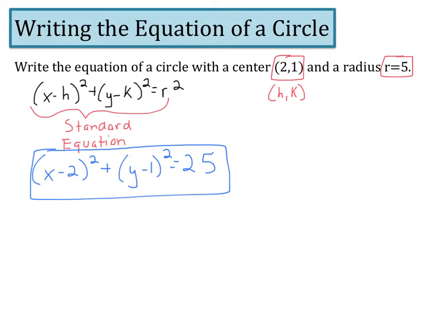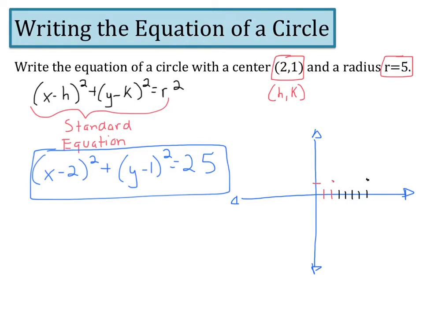Now let's say that we wanted to graph this. Well, we can graph it because we know the center and because we know the radius. So let's draw our y-axis and our x-axis. So we have a center at (2, 1), and then we have a radius of 5. So the outermost points are all 5 spaces away from the center. So we just count 1, 2, 3, 4, 5.